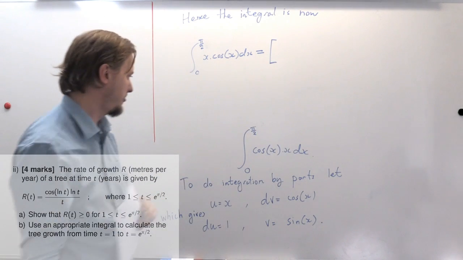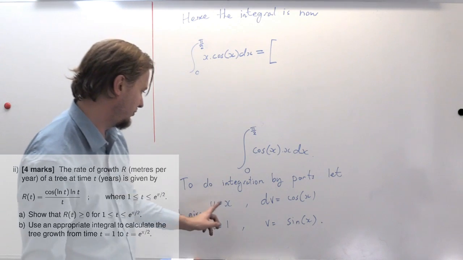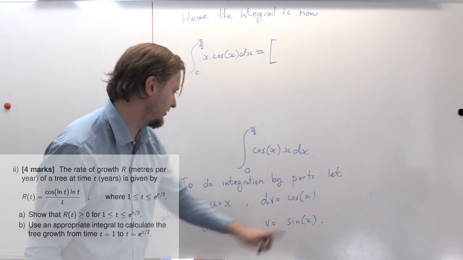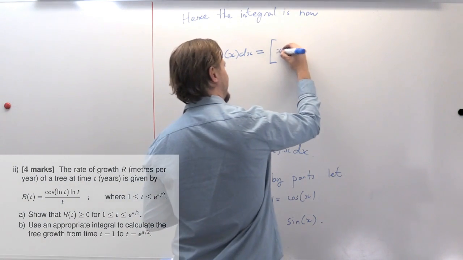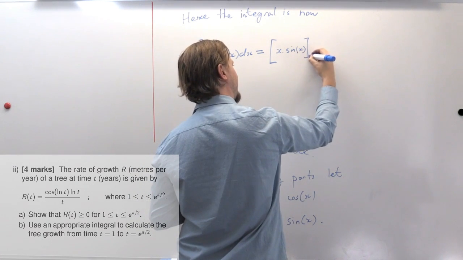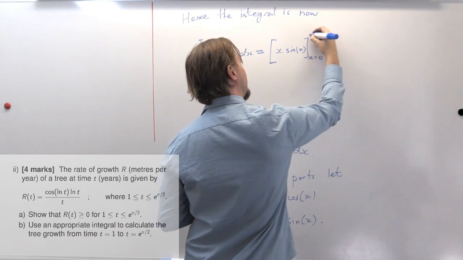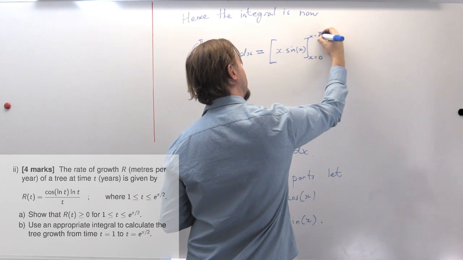and that has become, well, the first thing you do is you multiply these two together, u times v. So it becomes x times the sine of x from x equals 0 to x equals pi over 2.